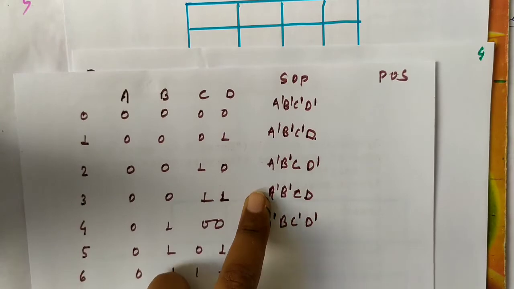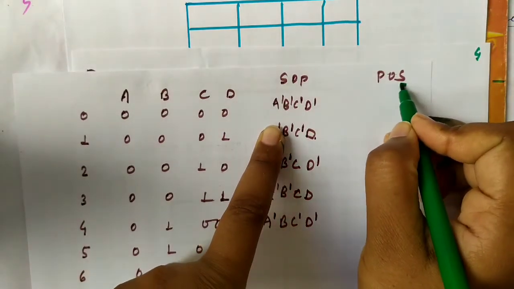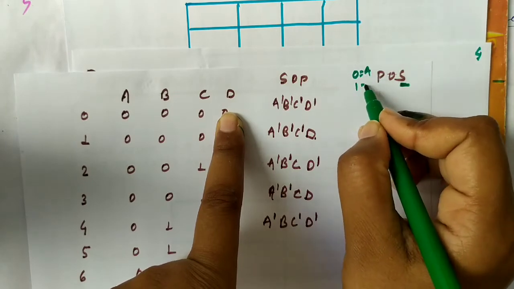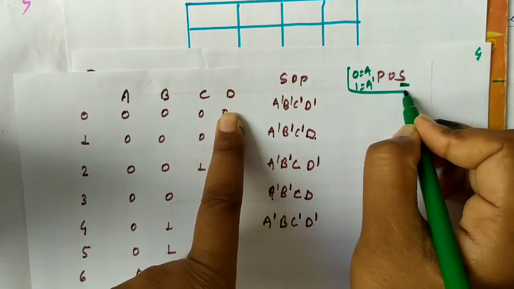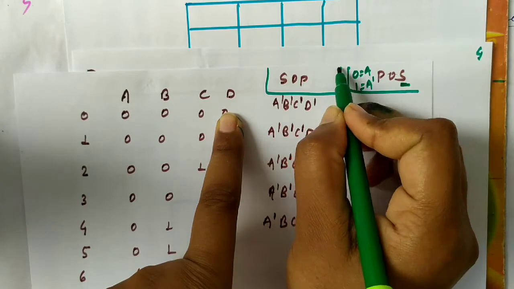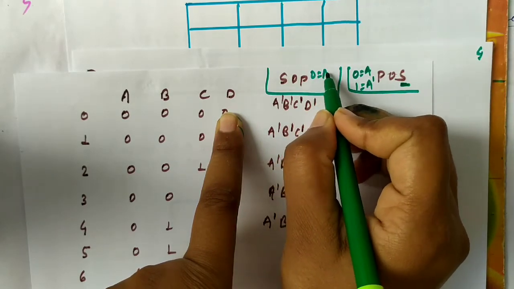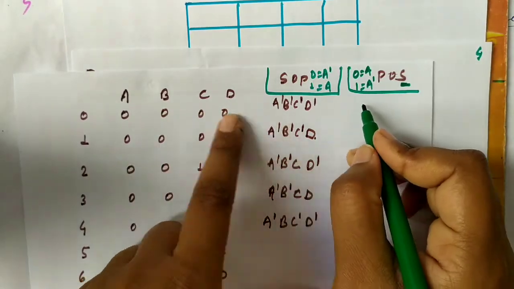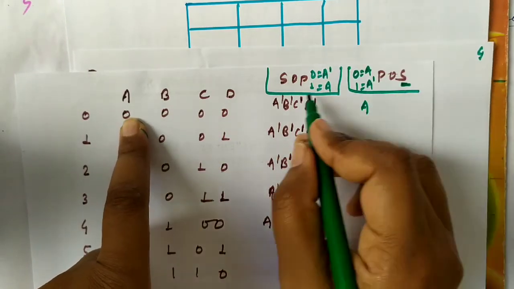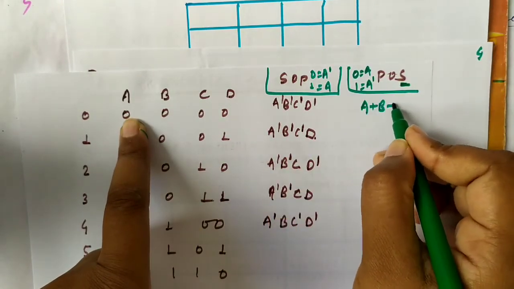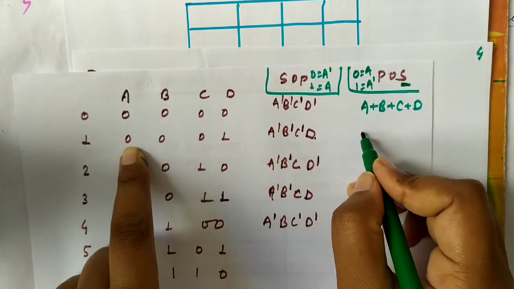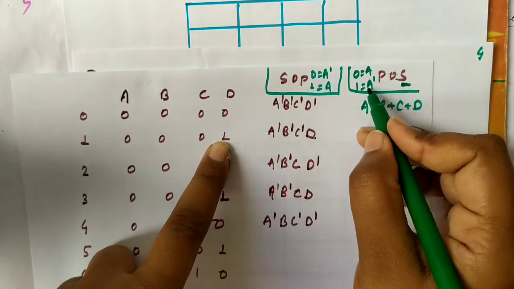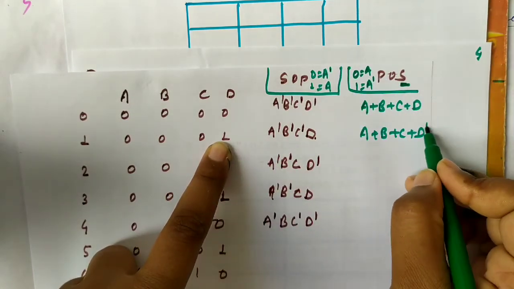POS form, that means firstly we put a sum, and 0 for A and 1 for A dash in the POS, and for the SOP 0 for A dash, 1 for A. So in the POS form it is opposite to this one: A plus B plus C plus D. Here A plus B plus C plus, here 1, that means dash, so D dash.